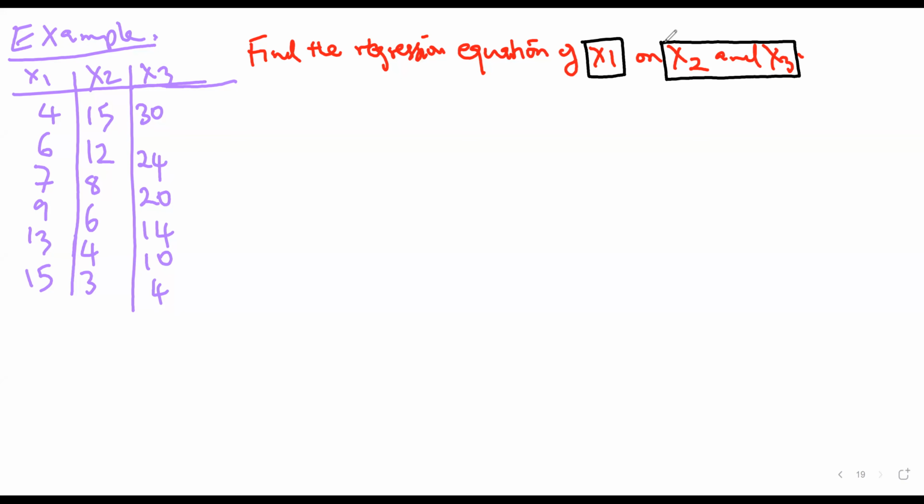So in such a case, we need an equation of the form x1 is equal to beta naught plus beta 1 x2 plus beta 2 x3. So what are the normal equations corresponding to that?